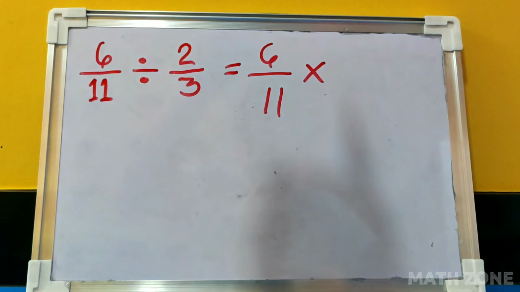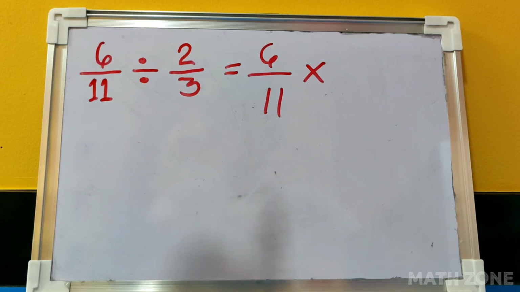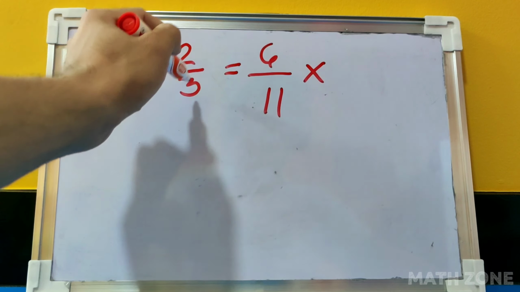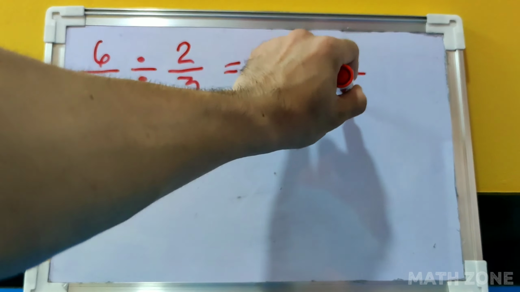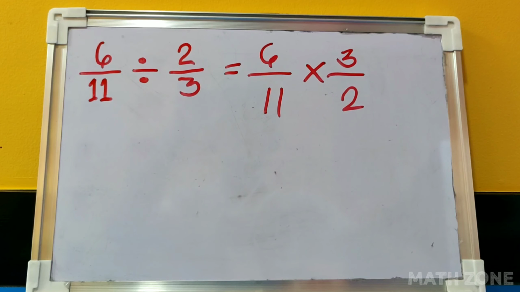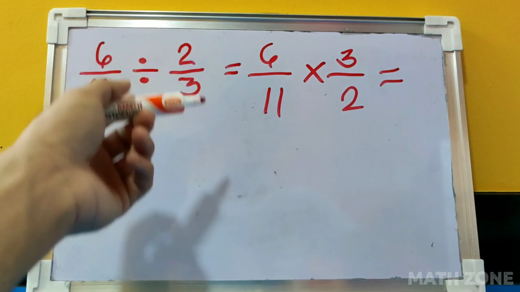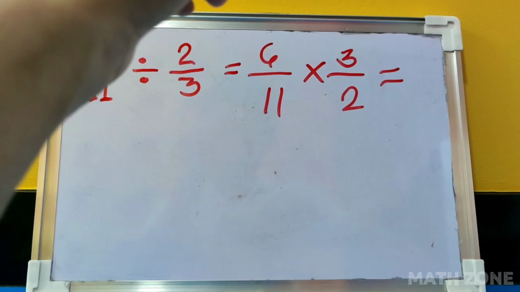So that's a multiplication sign here. And invert or flip the second fraction. So flip 2/3. 3 is going to be the new numerator and 2 is going to be the denominator. So we just flipped it.